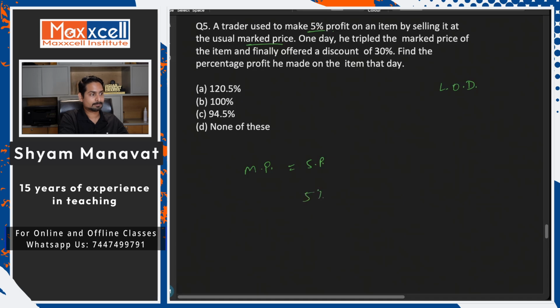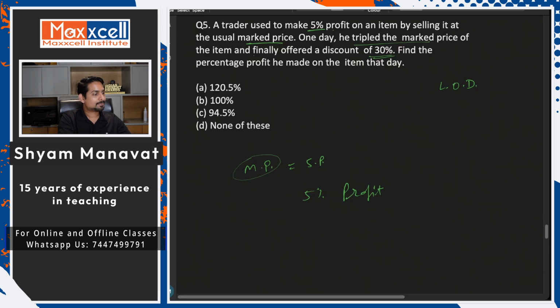One day he tripled the mark price, and finally offered a discount of 30% on that. Find the percentage profit he made on the item on that particular day.